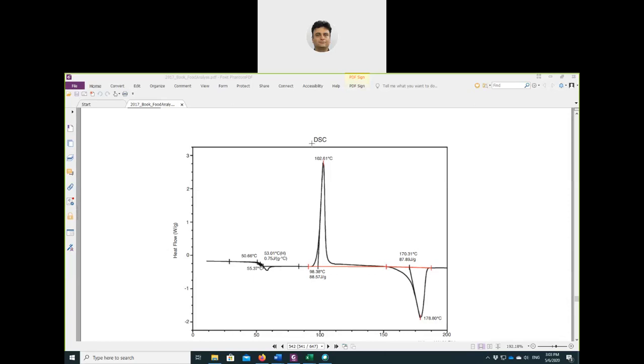DSC is differential scanning calorimetry, which is useful for measuring the thermal properties of material. Thermal properties are mostly divided into two types. One type is first order transition. Another one is second order transition.